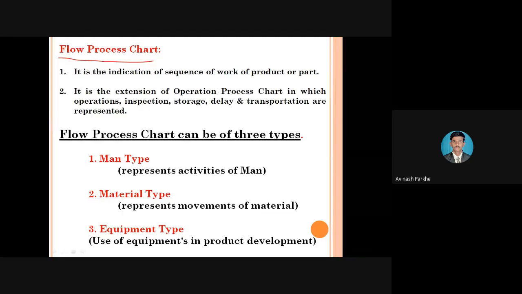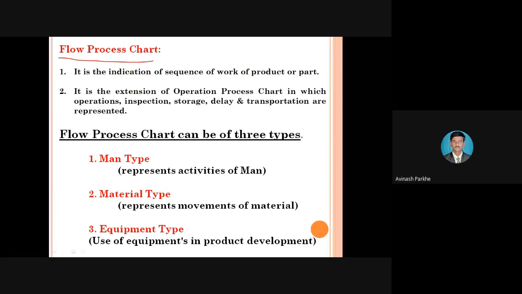The flow process chart is an application, or an extension, of the operation process chart. The name itself suggests that this chart will give the flow of the product, the flow of the operator, and the flow of the equipment or the machines.